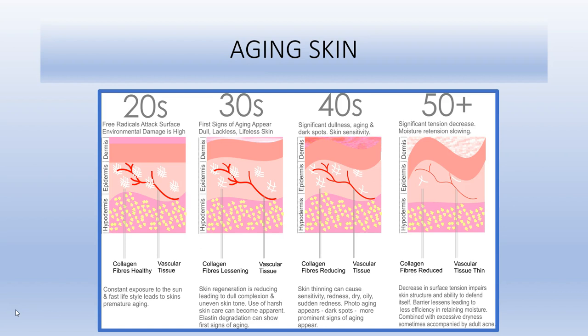So if we look at skin as we go through our 20s and 30s and 40s and 50s, we see significant changes in the hypodermis as well as the epidermis and the dermis. We see free radical attack to the components of the skin, as was mentioned earlier.